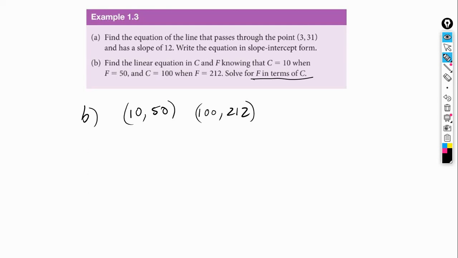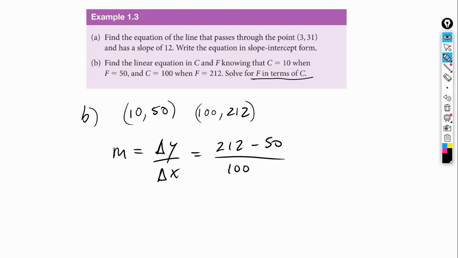So for this, we can use again the point slope formula. We have 2 points, but we don't have a slope, but we can find the slope, right? So the slope is equal to rise over run, or difference in y over difference in x. So in this case, it would be 212 minus 50 divided by 100 minus 10.